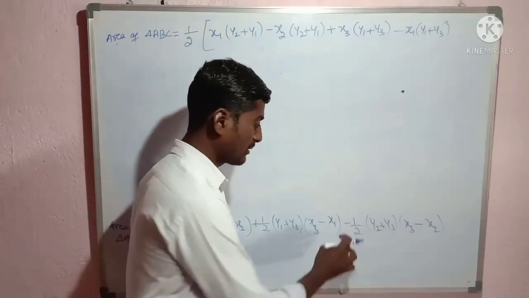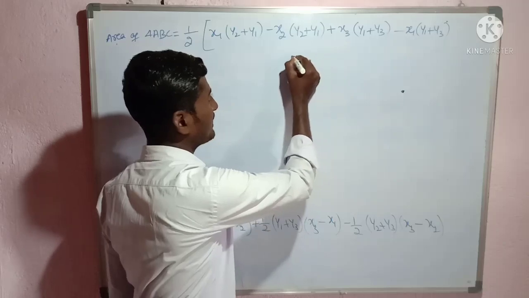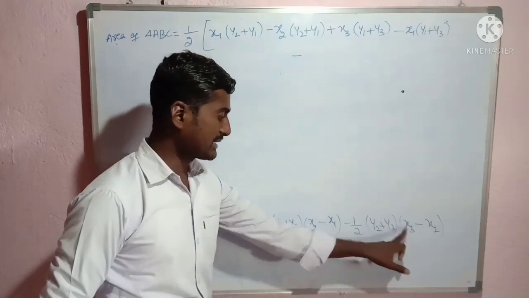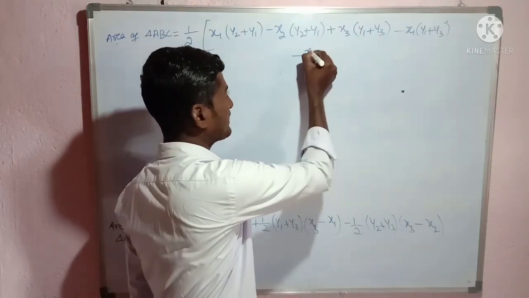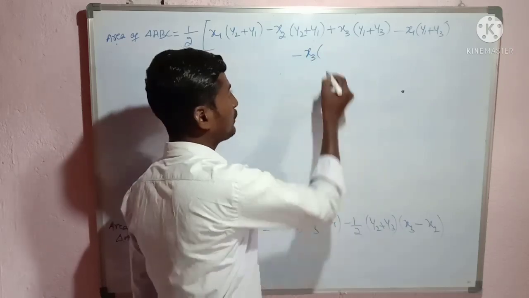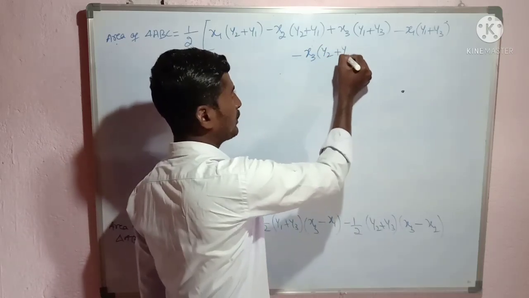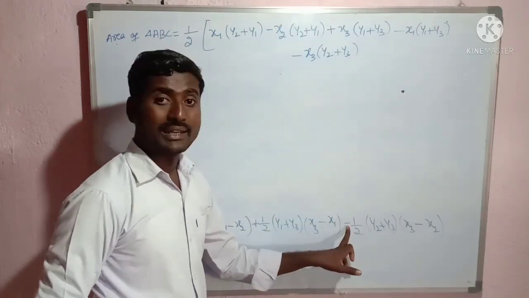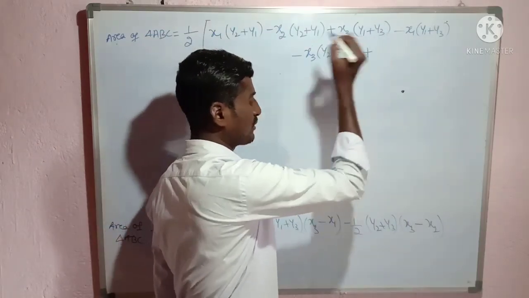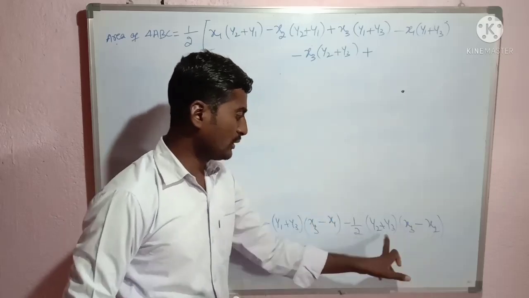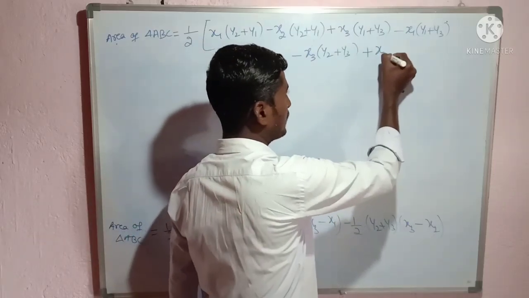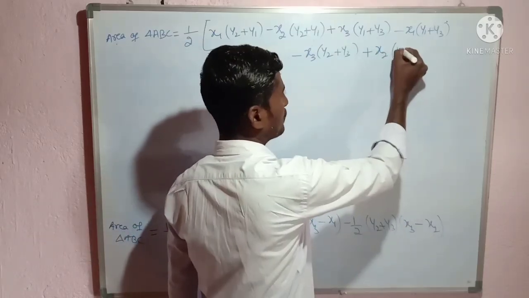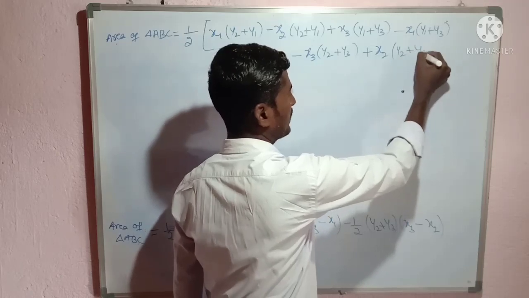So minus is a minus. I'll write it now. Minus x3 into this. So means x3 into y2 plus y3. Then now minus into minus, now it will become plus. This is very important. x2 into this one. x2 into y2 plus y3. Okay.